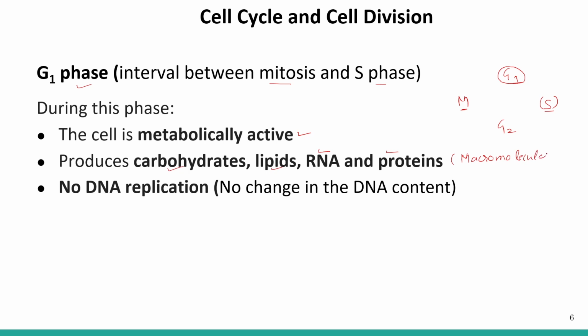Macromolecules are synthesized, but there is no DNA replication. There is no change in the DNA content. If the cell was diploid, 2N, meaning it contains 2 chromosome sets, the DNA content will be 2C initially.